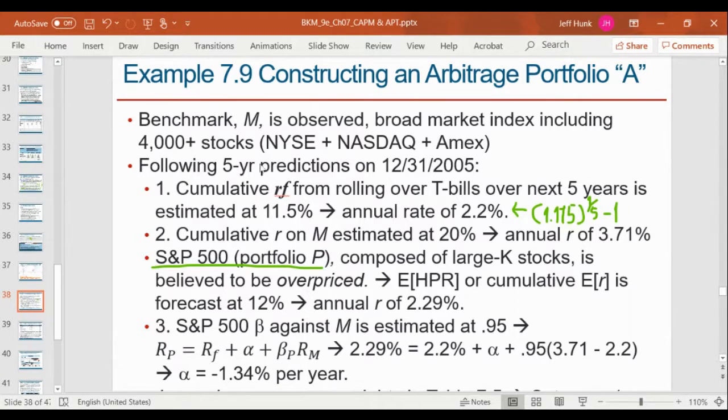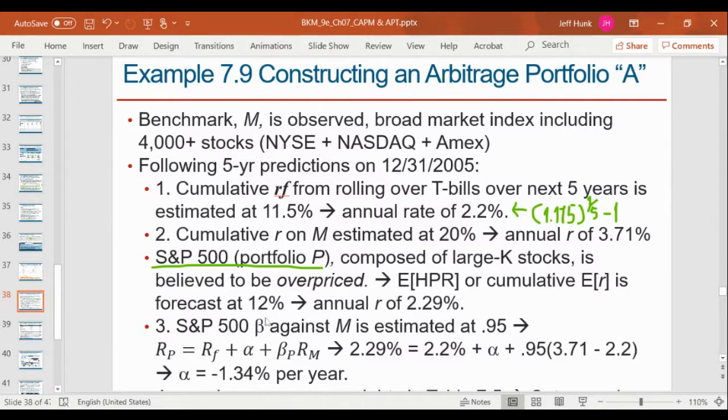That's why they assume a negative correlation, even slightly negative correlation, between the benchmark and our S&P 500. So the expected holding period return over 5 years, or cumulative expected return, is forecast at 12%. And if you do the same thing, annual rate of 2.29.